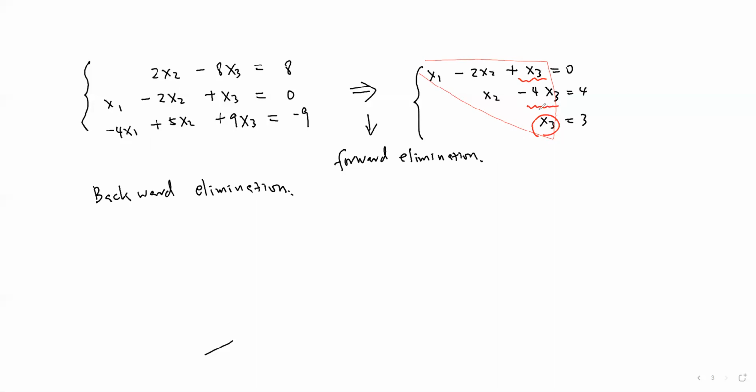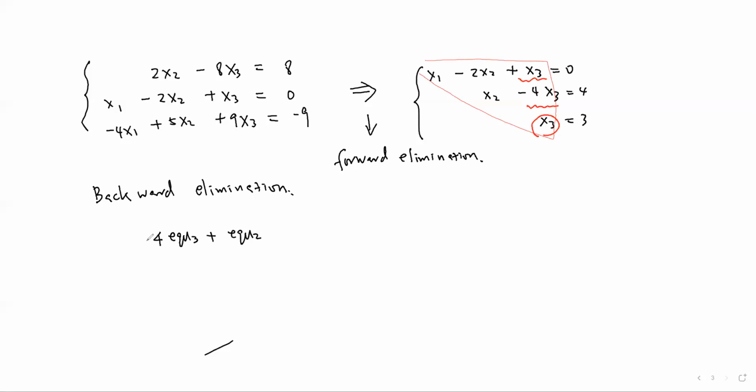To eliminate the x3 term in the second equation, I multiply the third equation by 4, and then add to equation 2.